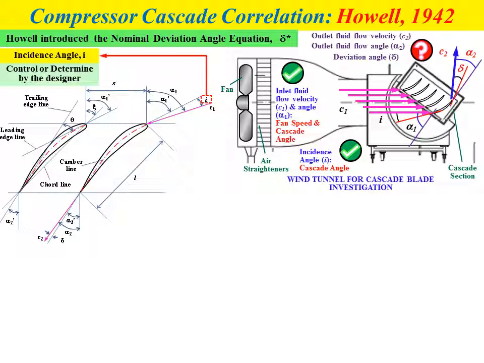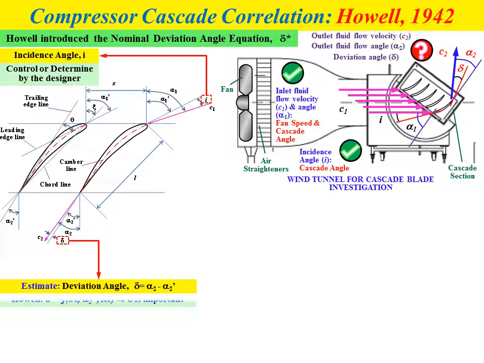We need to determine them by using this equation, by using a specific sensor, or we need to estimate them by using specific correlations. So Howell suggests estimating the deviation angle by using a specific correlation, where we know that the general definition for the deviation angle is delta equal to alpha 2 minus alpha 2 prime.